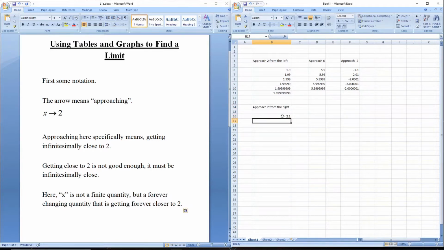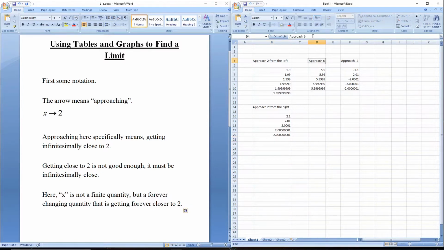And now we're on the right side of 2, and so we want to move in closer and closer. So say 2.01, 2.0001. And again, we can start stacking in as many zeros as we want in there. We're expressing the idea that we're going to get closer and closer to 2, but from the right.